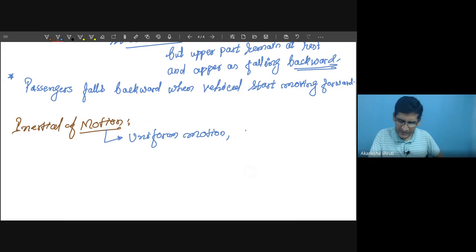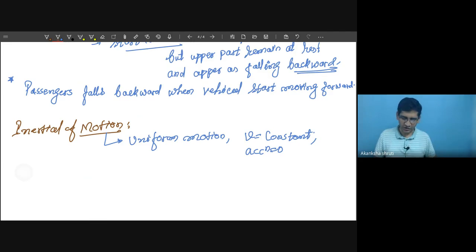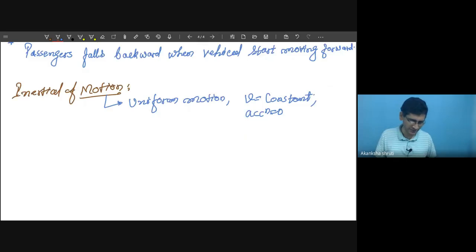Uniform motion means speed or rather velocity is constant. So in this case, when the velocity is constant, the acceleration value is 0. That we have to keep in mind. It means no acceleration. Such a motion is called uniform motion. This thing we have learned in our chapter 1.